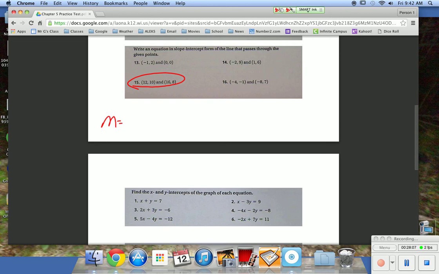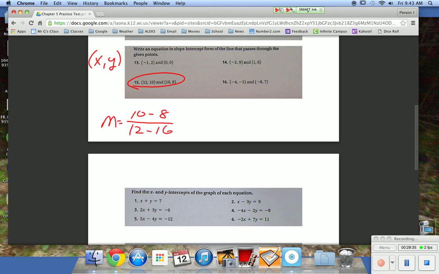We remember everything's x, y, right? And when we look at coordinate points, y is on top, right? Take a look at the equation, y2 minus y1. So which one would I put on top? 10 minus 8, right? Those are my y's. Now what about my x's? 12 minus 16.